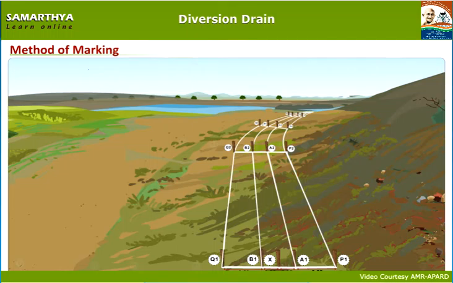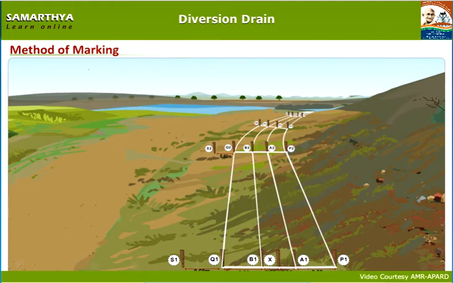Marking for berm line. From Q1, measure 0.6 meters towards the natural stream direction and fix a wooden pole and mark it as S1. From Q2, measure 0.6 meters towards the left side and fix a wooden pole and mark it as S2.